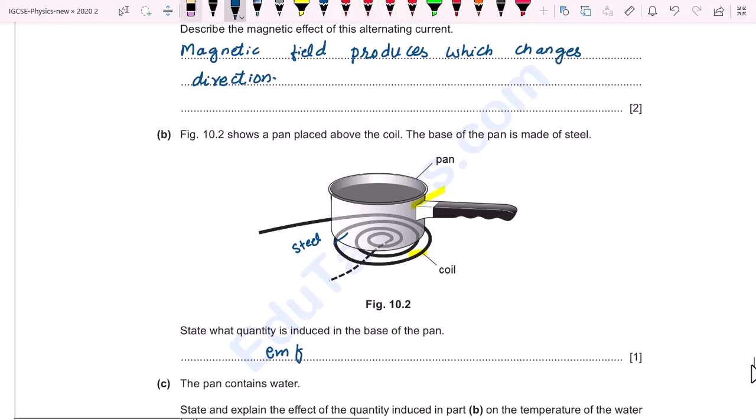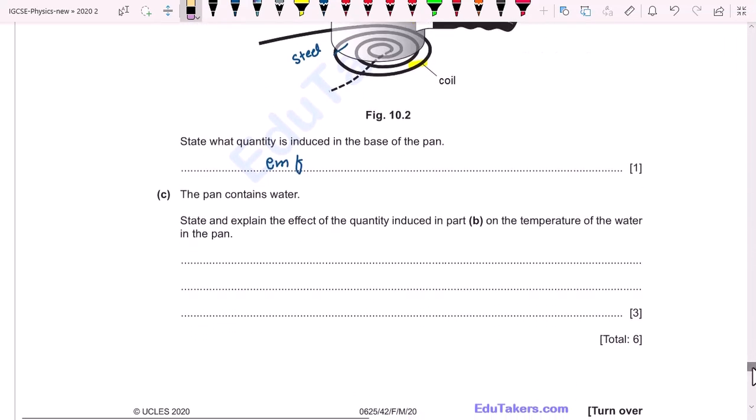Part C. The pan contains water. Now they have placed a small amount of water in the pan. State and explain the effect of the quantity induced in part B on the temperature of the water in the pan. We have to tell the effect of the induced EMF on the temperature of water in the pan.